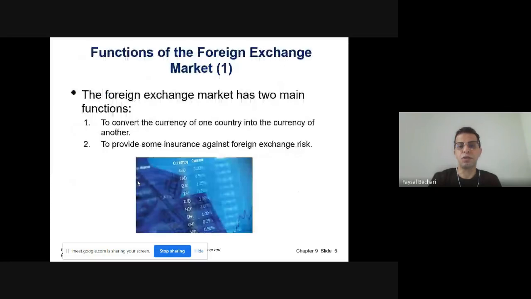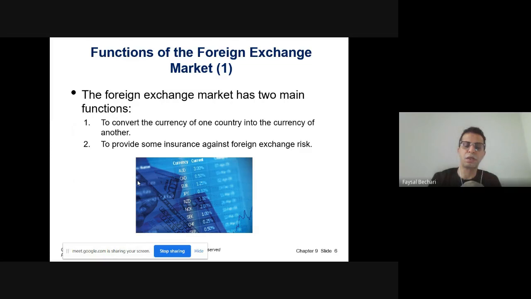The function of the foreign exchange market. The foreign exchange market has two main functions. One is to convert the currency of one country into the currency of another. The second is to provide some insurance against foreign exchange risk.